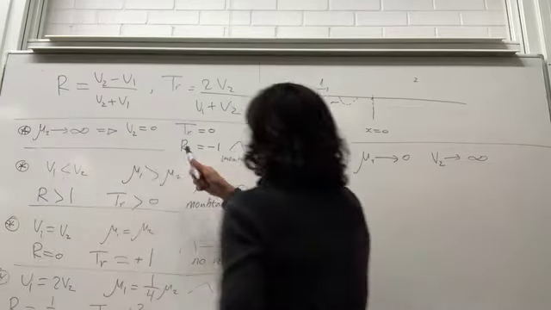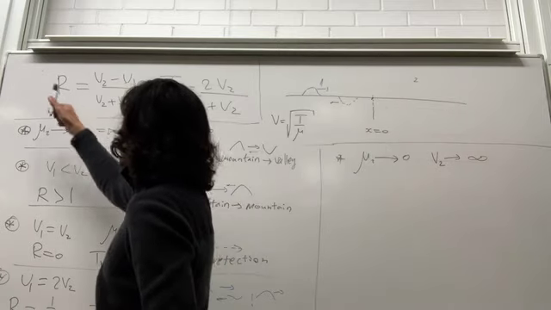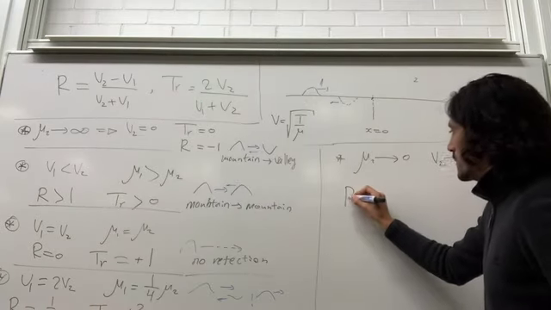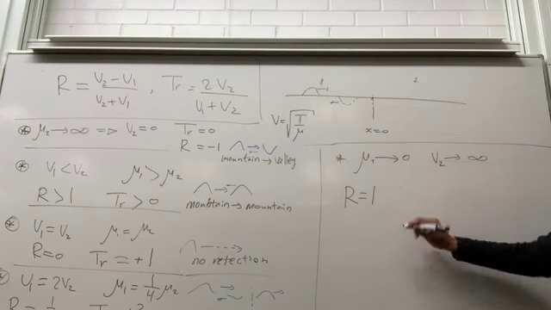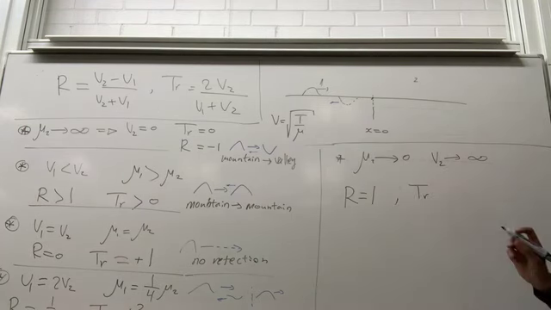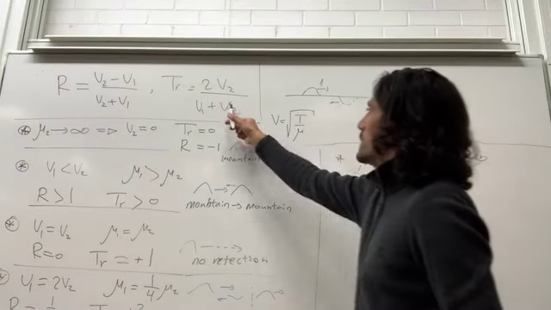Now let's substitute. The reflection factor would be equal to 1, and the transmitted factor would be 2.